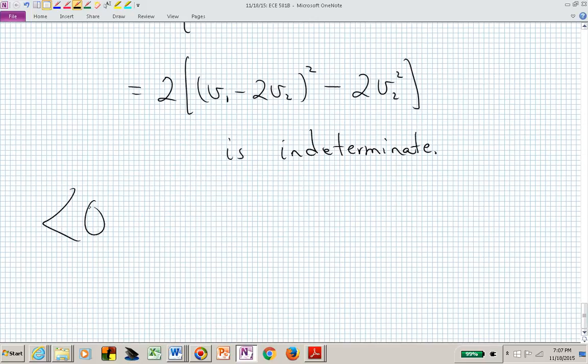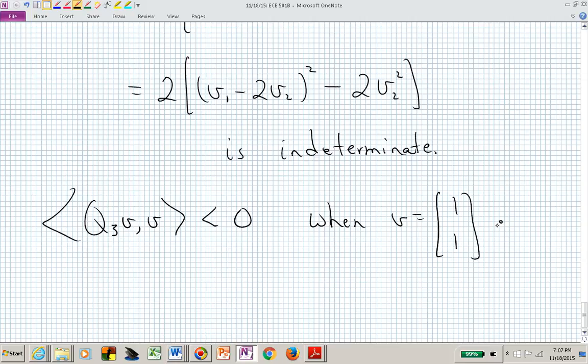Meaning we could actually find different V's that will produce a different sign on that inner product. If you look at the result of this expression, this quadratic form, when V is 1, 1, then you'll find that that inner product becomes negative.